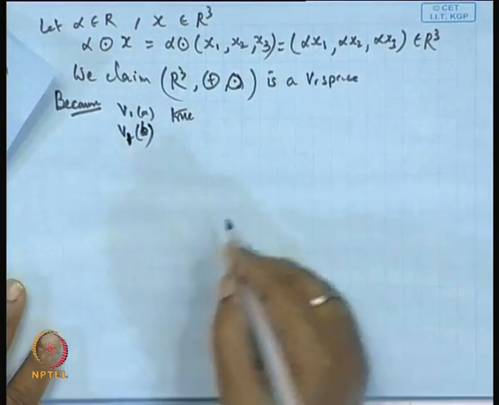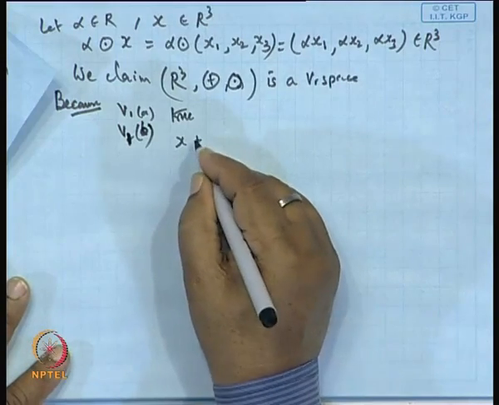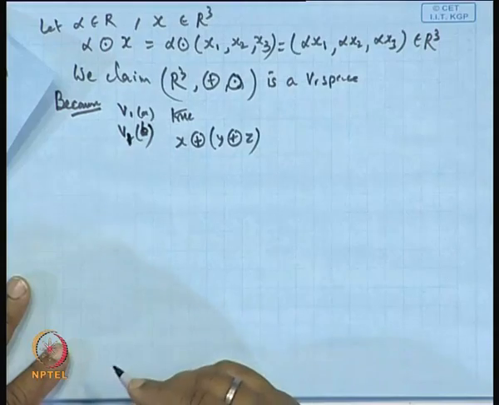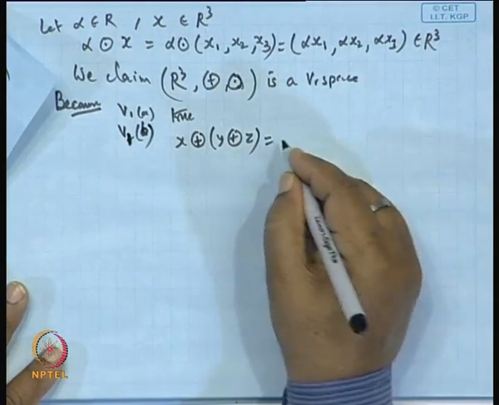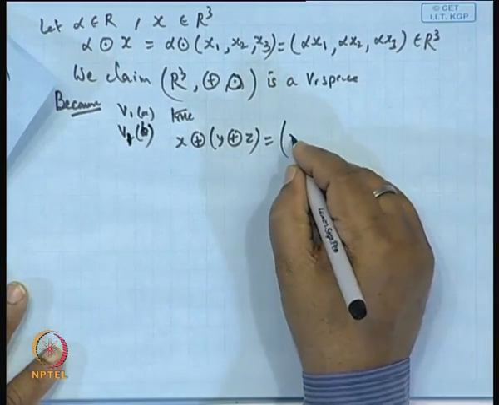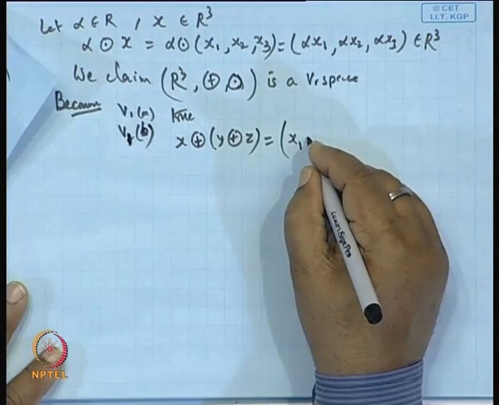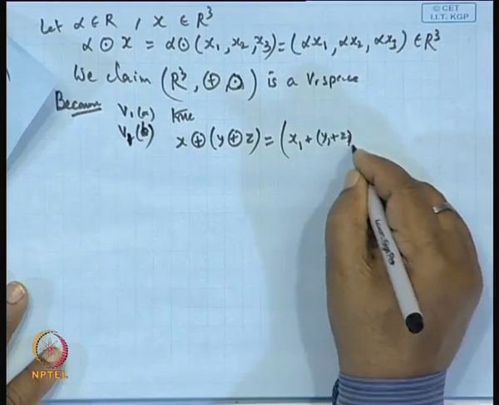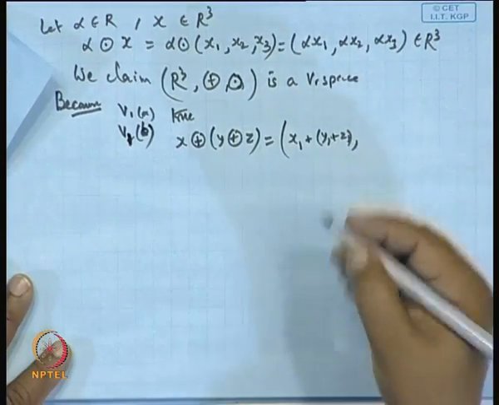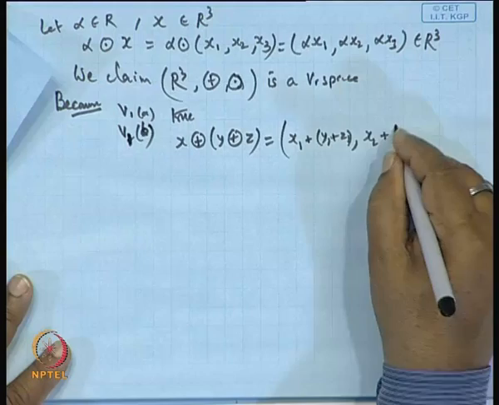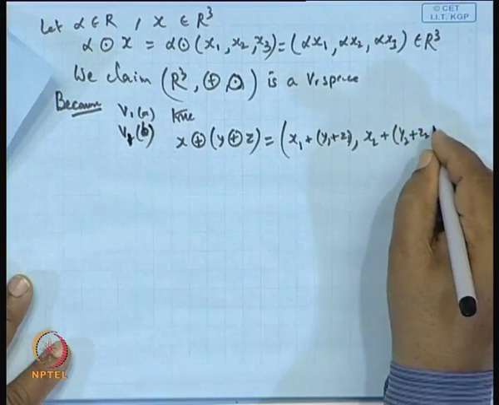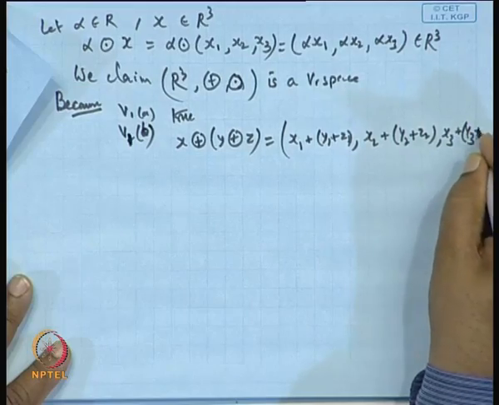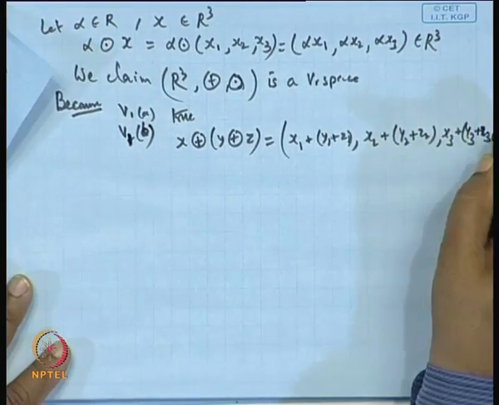V 1 B is, if we take x plus y plus z, then what happens is this will be equal to, I am just writing, x 1 plus y 1 plus z 1. Okay. Then simply x 2 plus y 2 plus z 2, and then x 3 plus y 3 plus z 3.